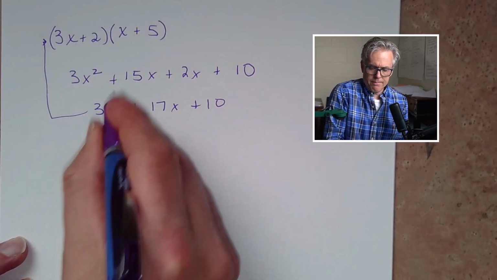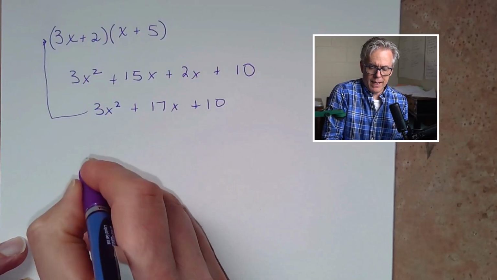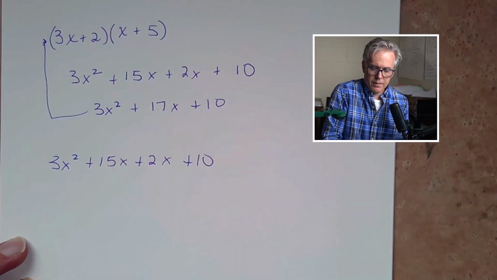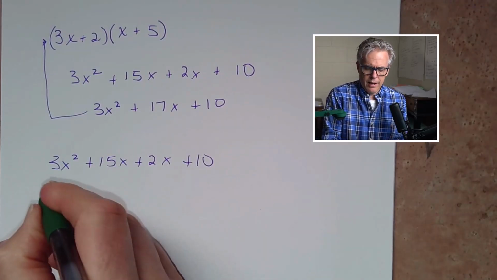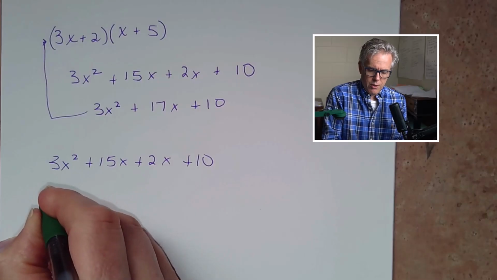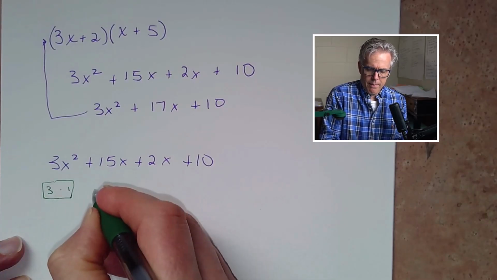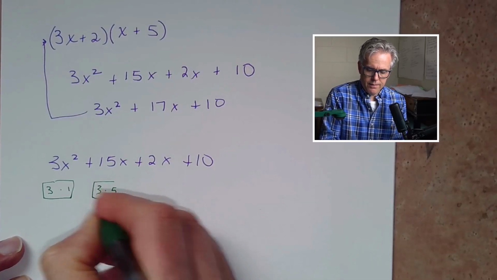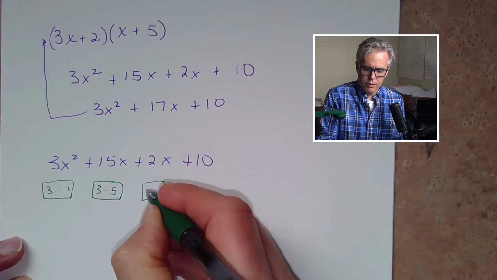Let's go back to the term right before we combined like terms. Let's look at this here. So 3x squared. And let's note the factors, just numerically, of each of these terms. This first term, we get the factors of 3 times 1, a little box around it. This one here, 3 times 5. This one here, we did 2 times 1.